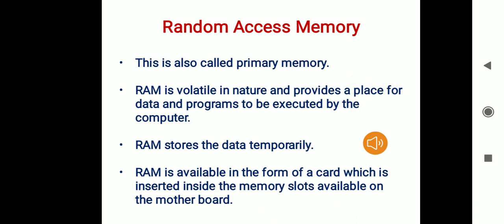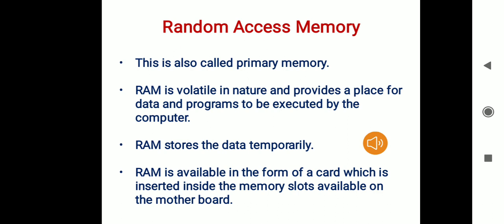Let's start with Random Access Memory or RAM. RAM is a primary memory which is volatile in nature. That means as long as there is power supply, this memory can hold data. But in case the power supply has been cut off, it cannot hold the data anymore.